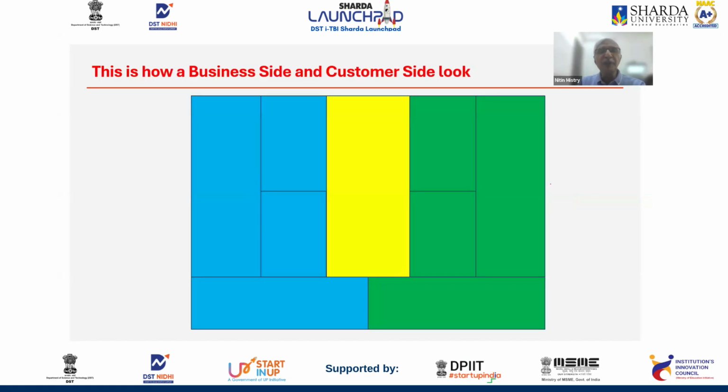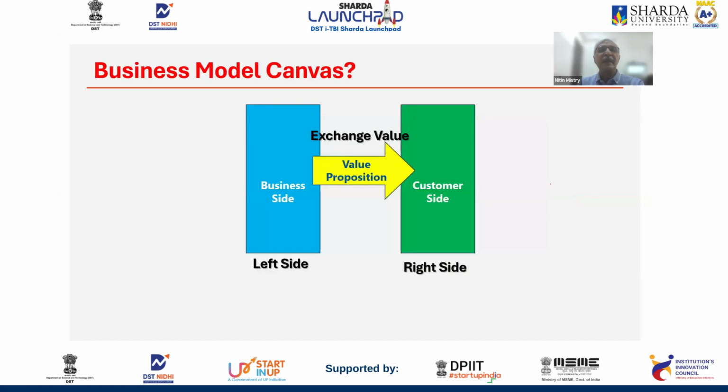According to me, the right side is the customer side, the left side is the business side, and the yellow side, which is the exchange value, we call the value proposition, right? So whenever we talk about the customer side, the business side, and the value proposition, right? Now we said 9 blocks.